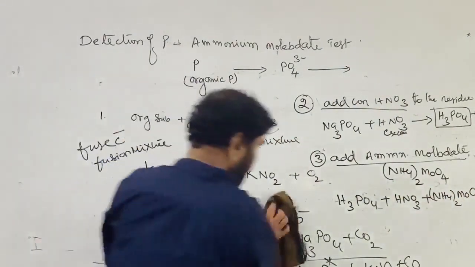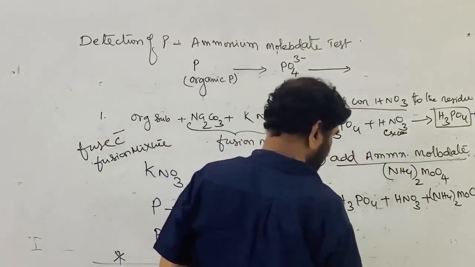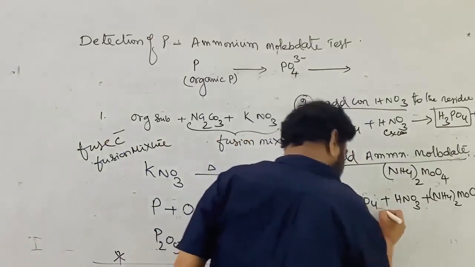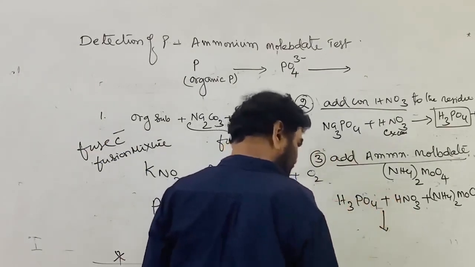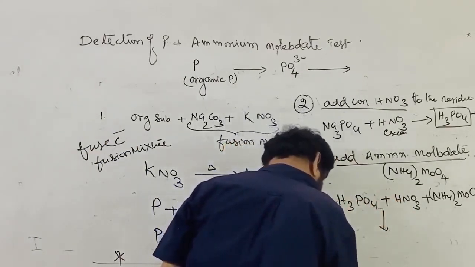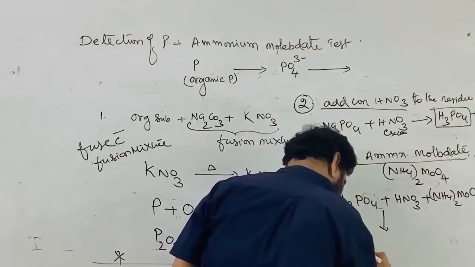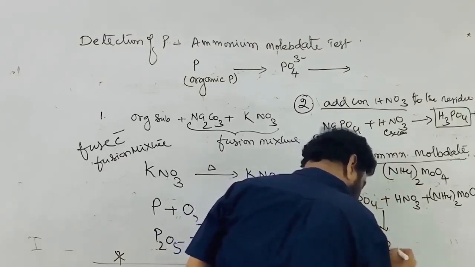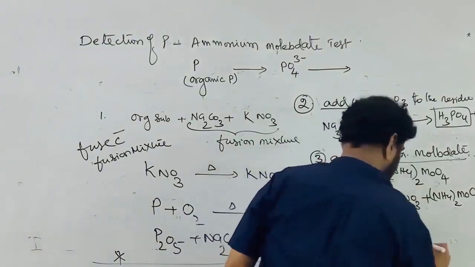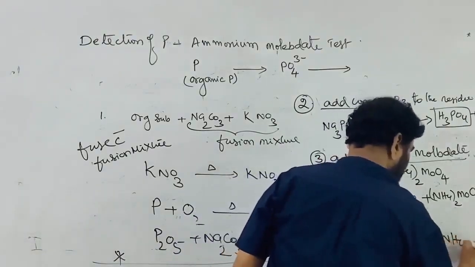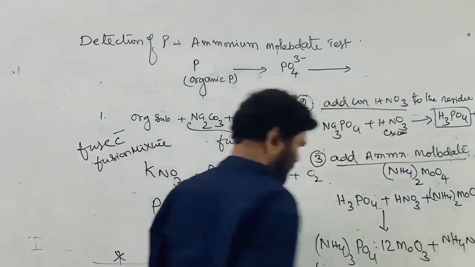That is converted into, this is the third one, a yellow precipitate, canary yellow precipitate, (NH4)3PO4·12MoO3, plus ammonium nitrate plus water is formed.